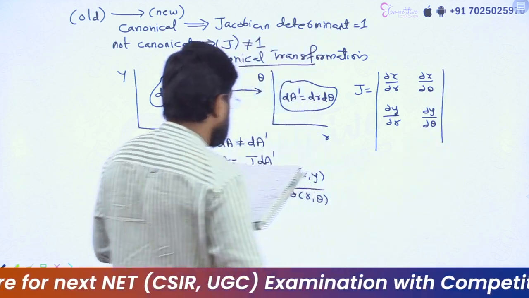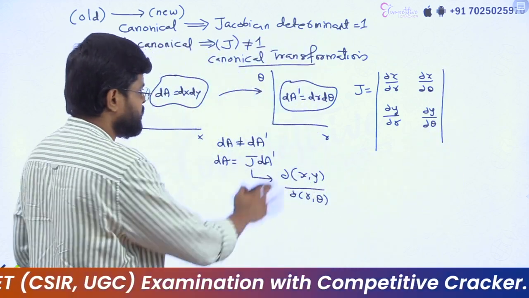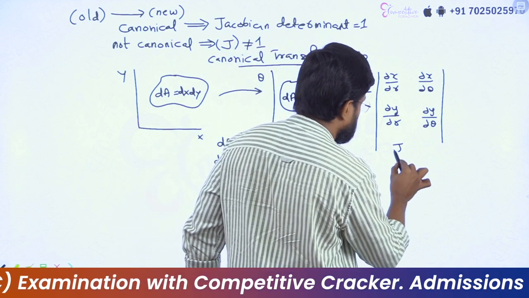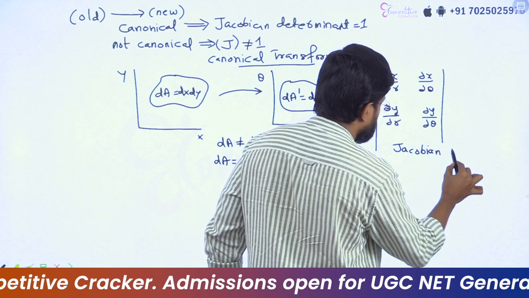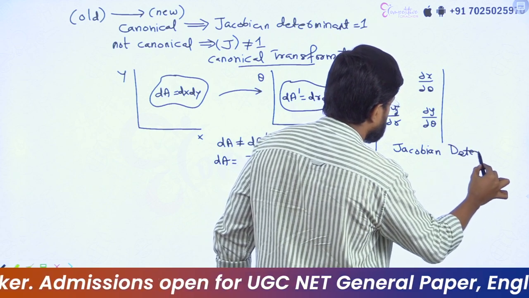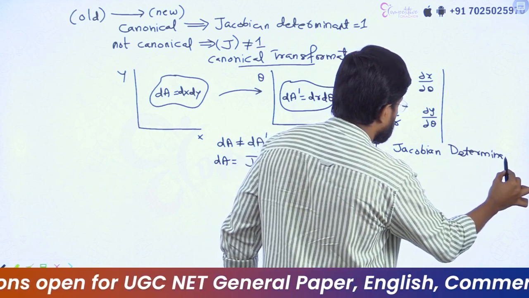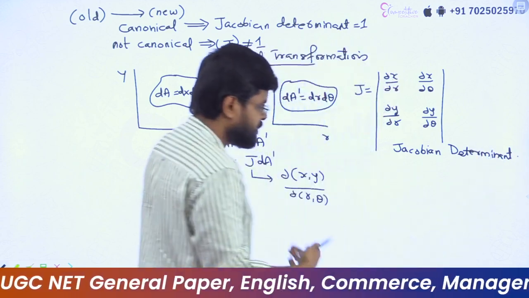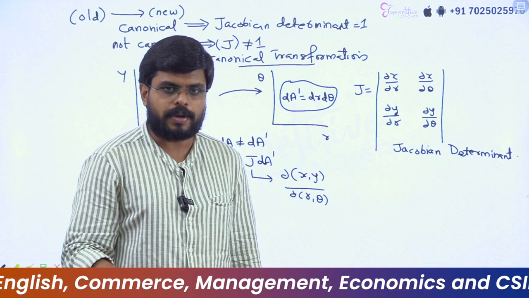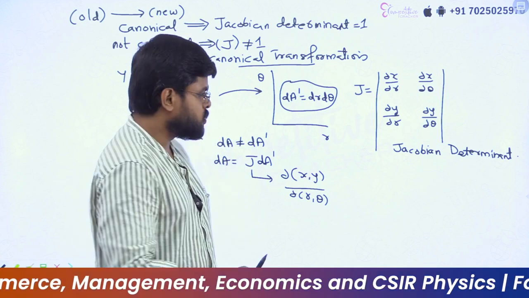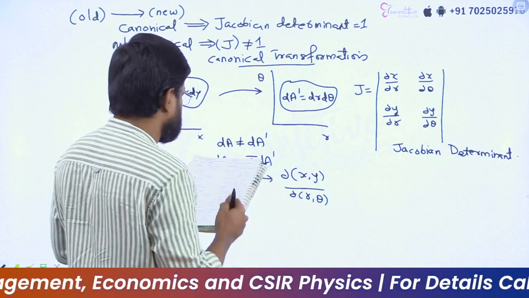This determinant is termed the Jacobian determinant. In our classes we have explained how to find these Jacobian determinants and so on.